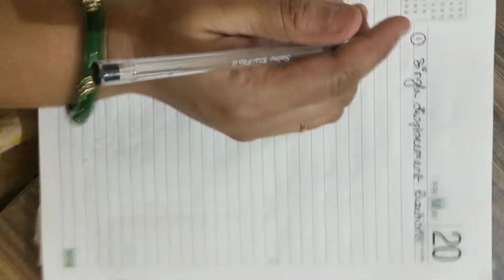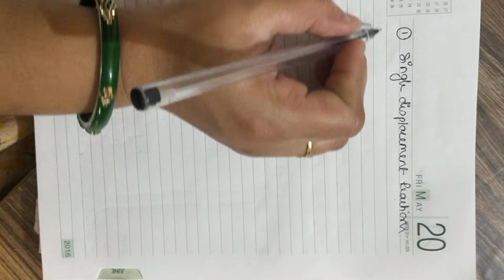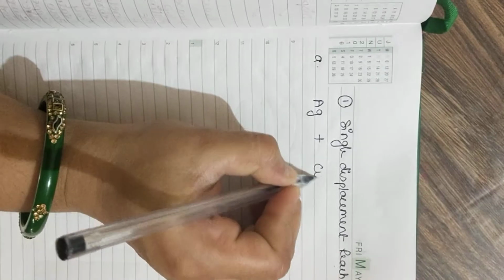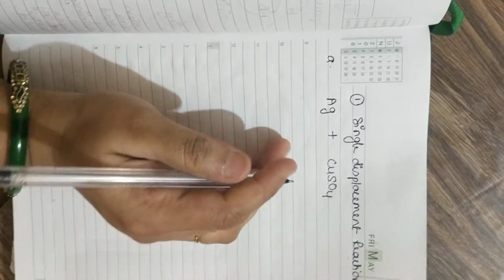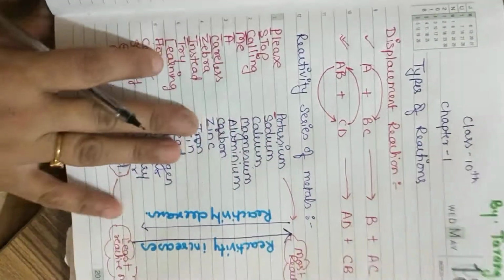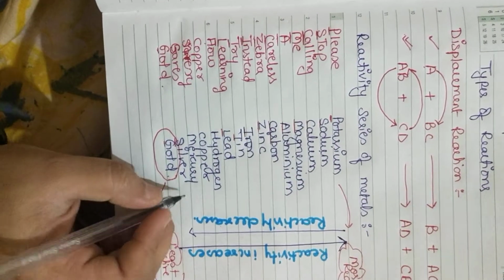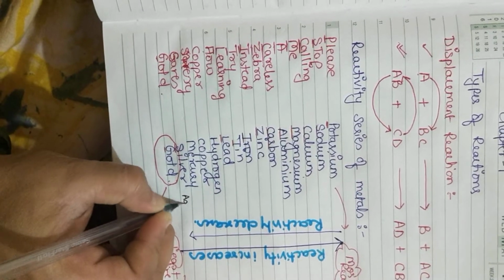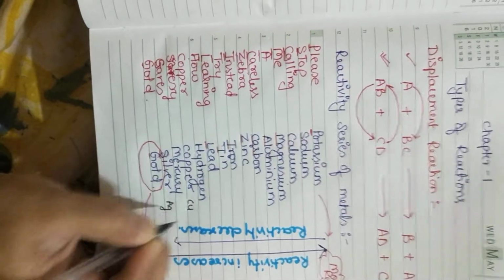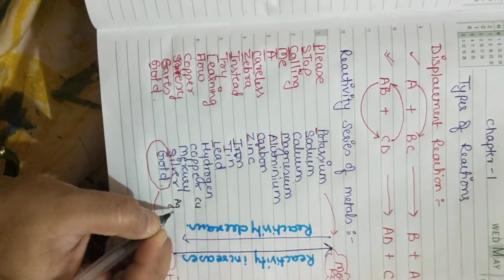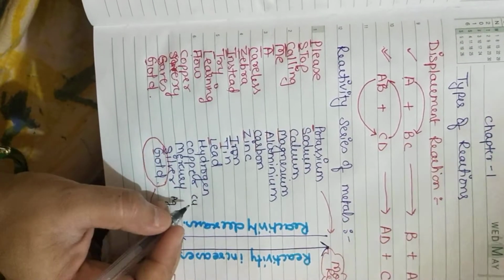Now, take an example: suppose silver, Ag, is reacting with copper sulfate. Let's see whether this reaction will take place or not. Silver is Ag, and where is copper? Here. Copper is more reactive than silver because going upward the reactivity increases.